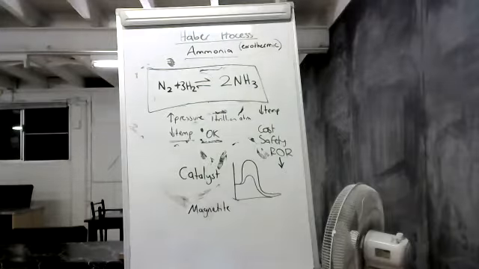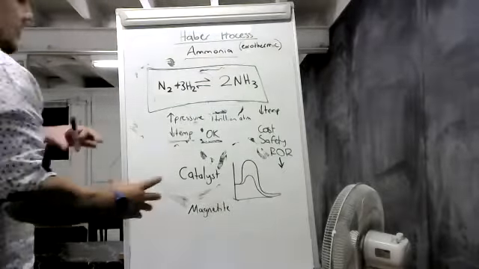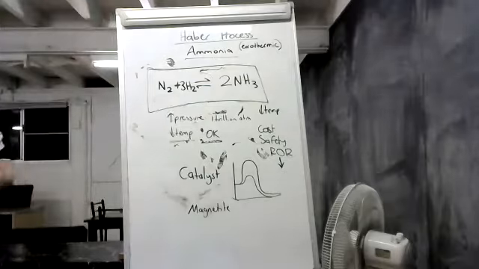If you were running this reaction, would you place a huge chunk of magnetite in there, or would you grind it up as finely as possible? Yeah, so you grind it up as small as possible to ensure the maximum amount of surface area is exposed.